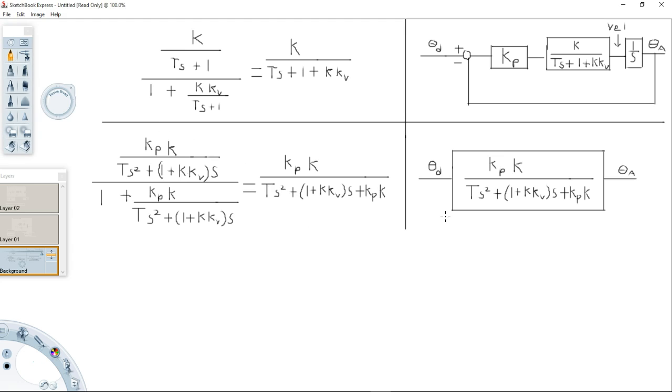So now that we have reduced the block diagram to its simplest form, we can now pick off the components of the transfer function. Because this is a second order system, we need to follow the second order transfer function form.